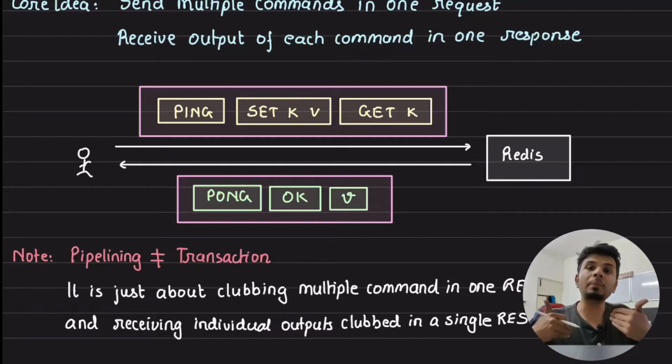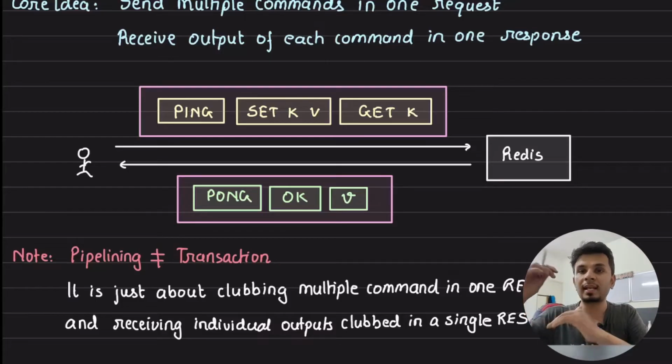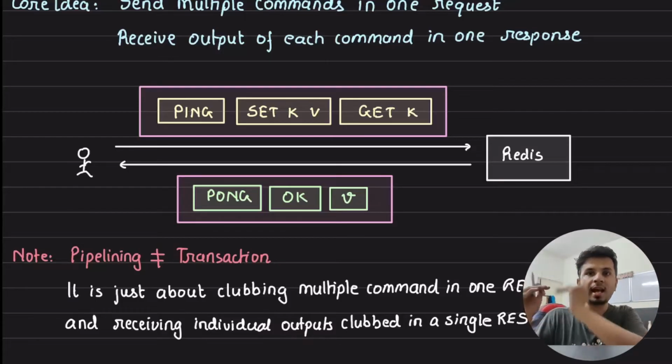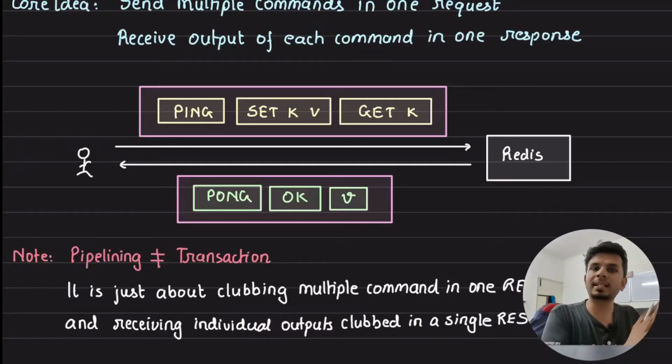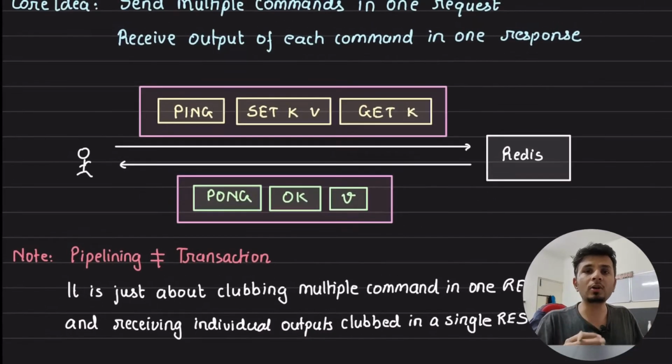It is just command pipelining in which you are multiplexing a lot of commands in one request, sending it to the server. The server will execute them one after another and it would send you n responses. So if you send n commands, you would be getting n responses out of it. So it is just about clubbing the requests. Right? It is not about transactions at all, right?